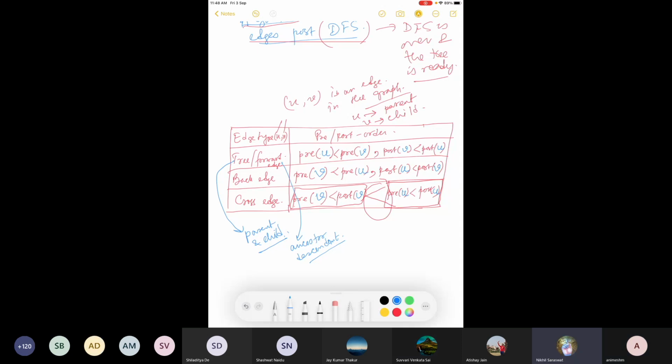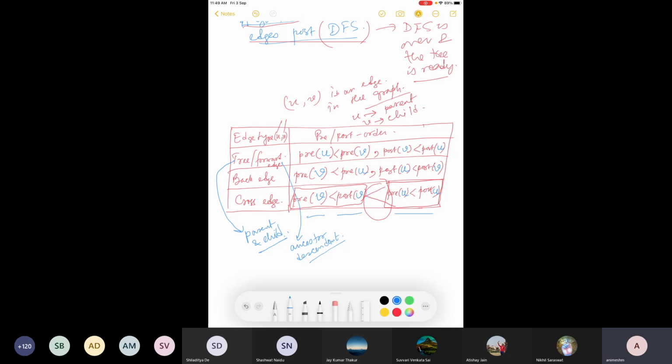Sir, could you please explain the pre-order and post-order relation for the cross edge? So for any node, pre-order of V should be less than post order of V, right? Yes, sir. You cannot pop without pushing.